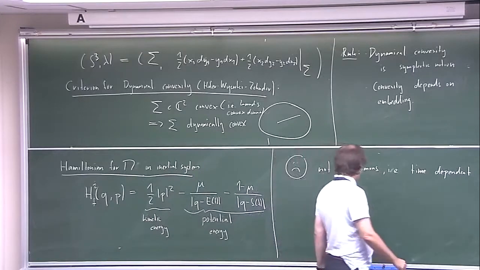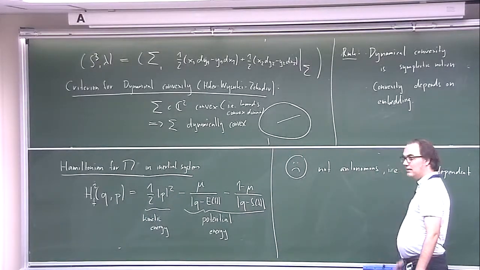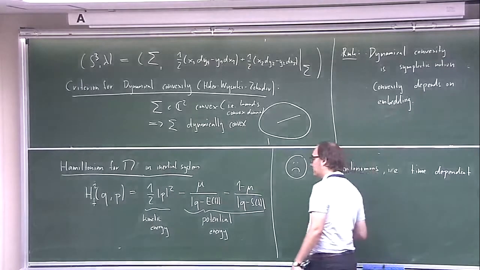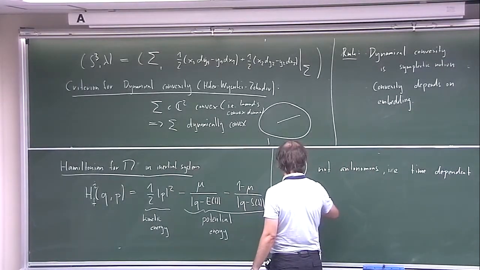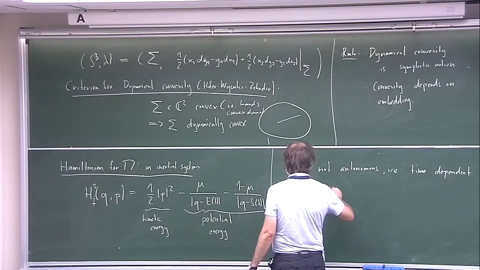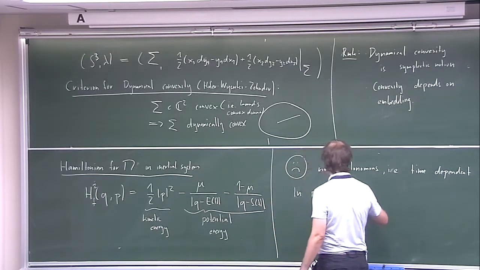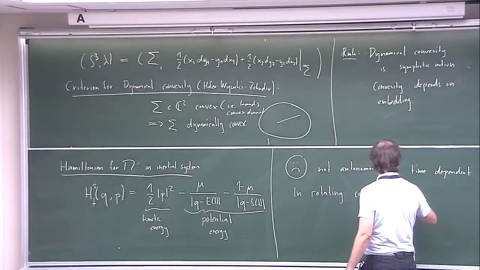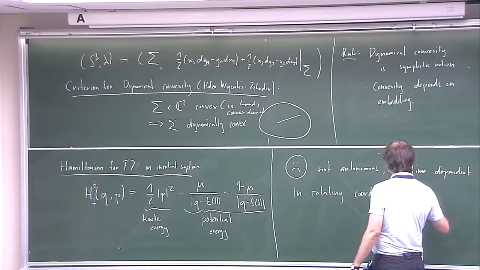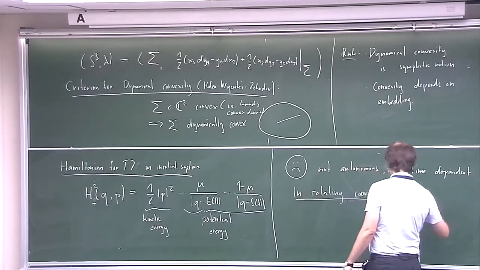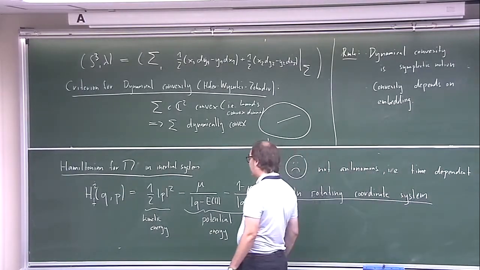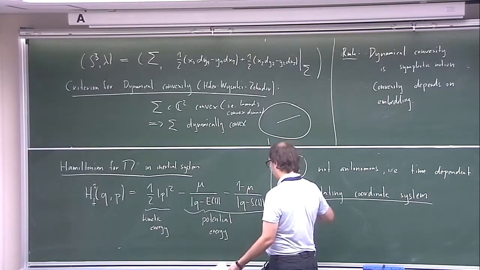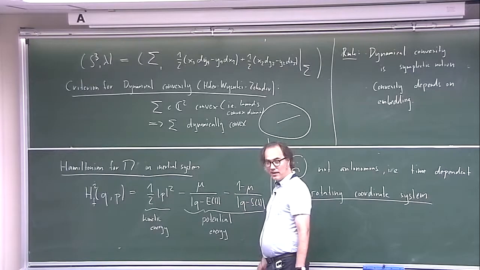And now to remedy this situation, we go to a rotating coordinate system. In the rotating coordinate system, the Sun and Earth are at rest.